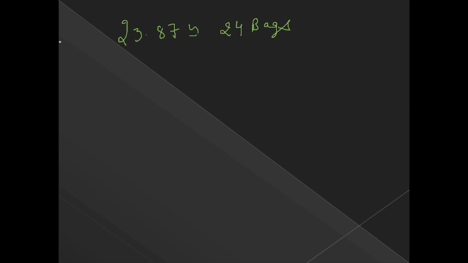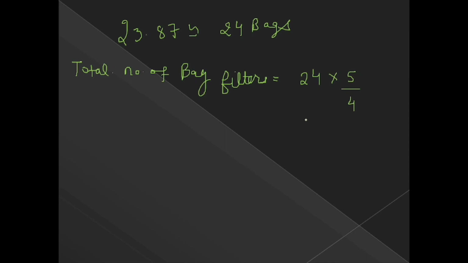So total number of bag filters is equal to 24 into 5 by 4, that is equal to 30 numbers is our answer.